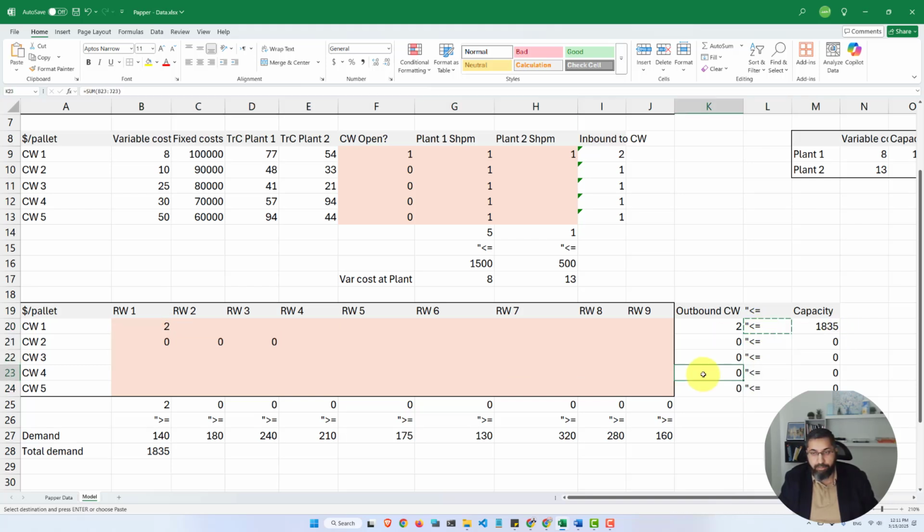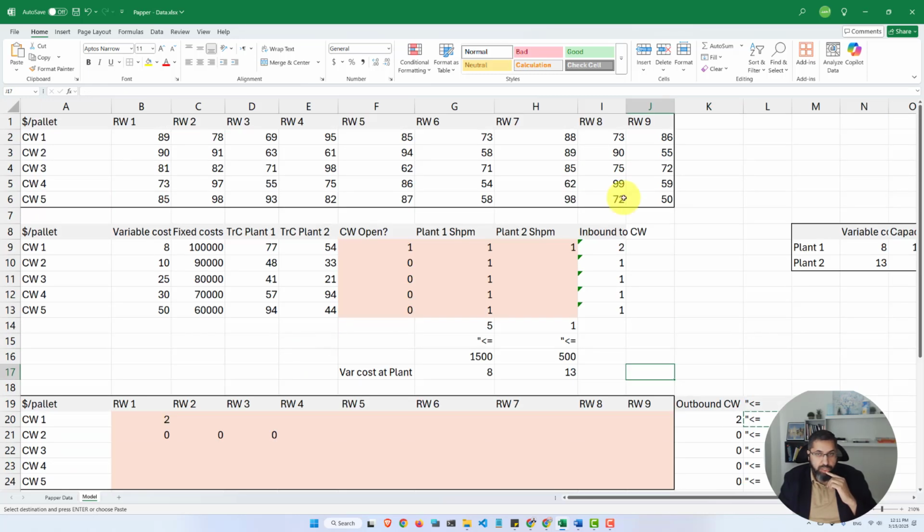Okay. And now we also want to specify a linking constraint to make sure that this number stays less than or equal to what's received here in inbound. So what's incoming to the central warehouse, outbound cannot be more than that. So we need to put in a constraint to do that, and then we'll be all set to run Solver.